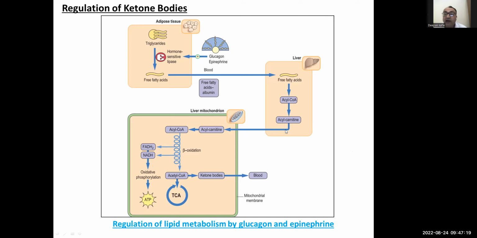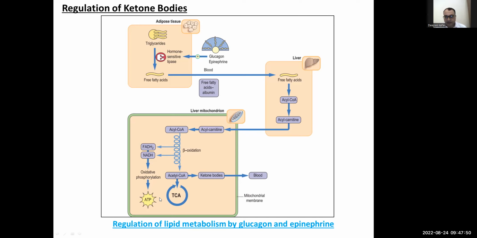That is the carnitine transport system. After the uptake of the activated acyl-CoA into the mitochondrial matrix by the carnitine transport system, it will follow the pathway of beta oxidation, and finally it will give rise to FADH2, NADH and the acetyl-CoA molecule, and that acetyl-CoA is channeled for the formation of the ketone bodies.